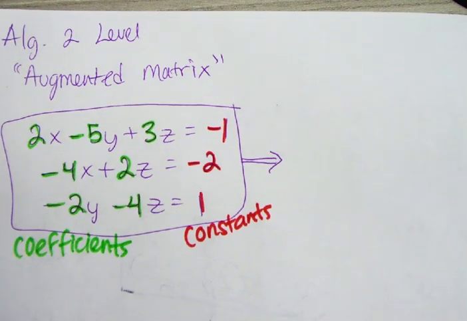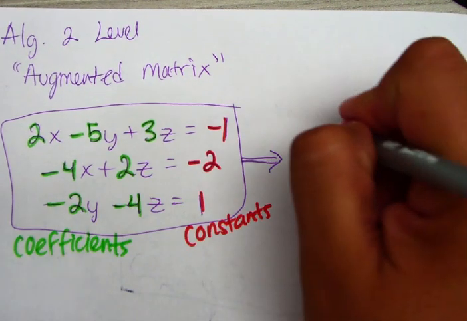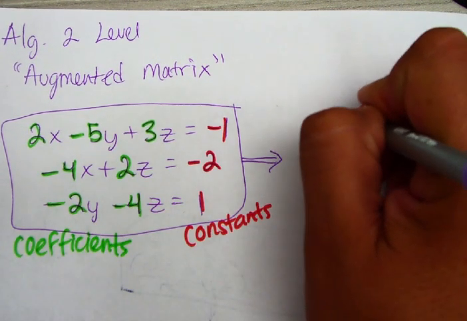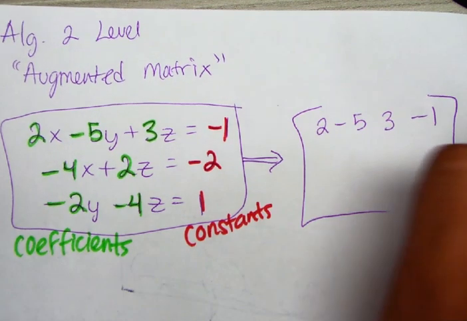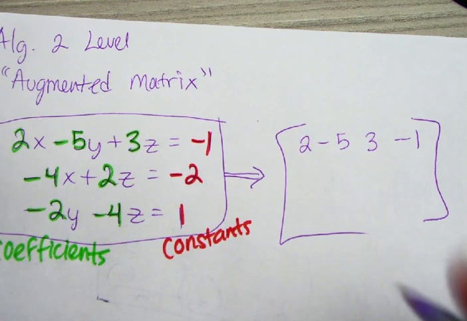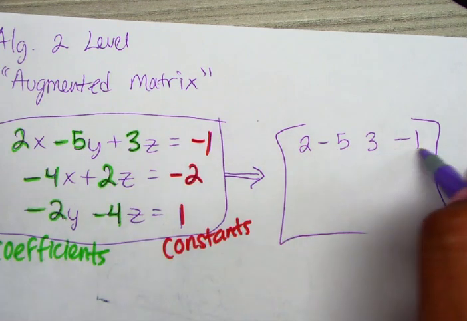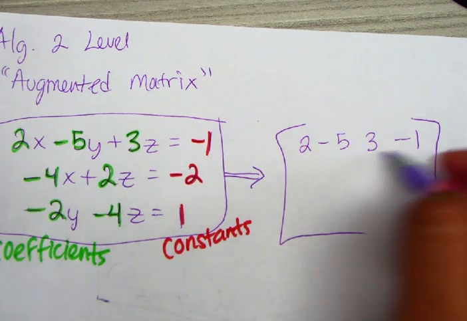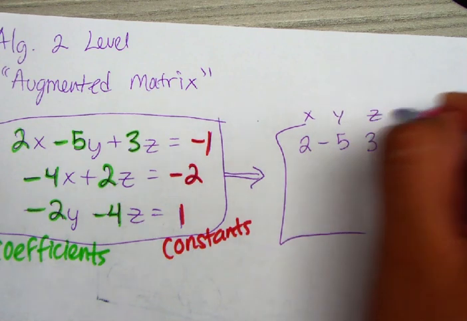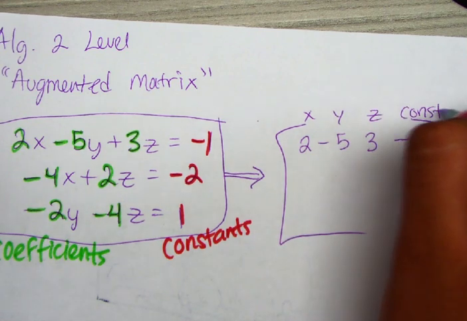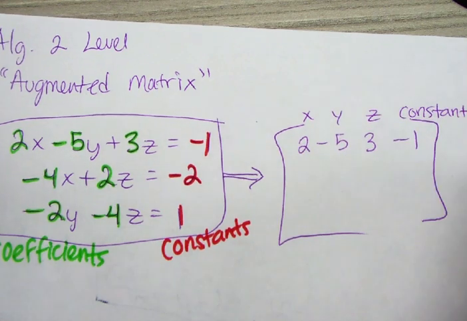And the matrix is going to look like this. First equation, written in just numbers, no letters, no equal sign, no plus. The order that we're writing is in the form of x, y, z, and then the constant at the end.